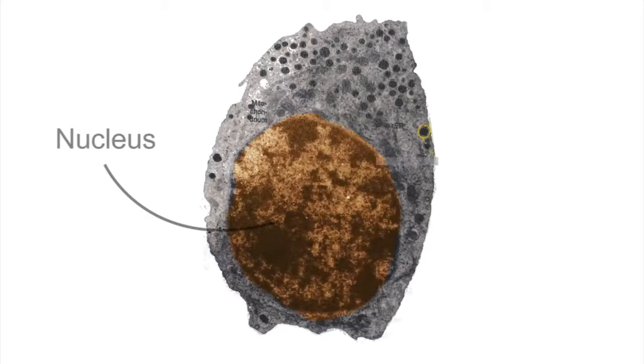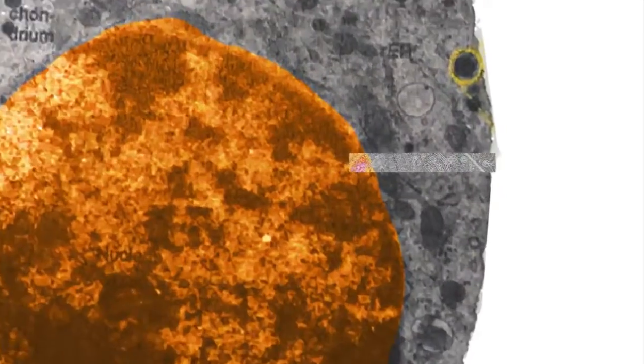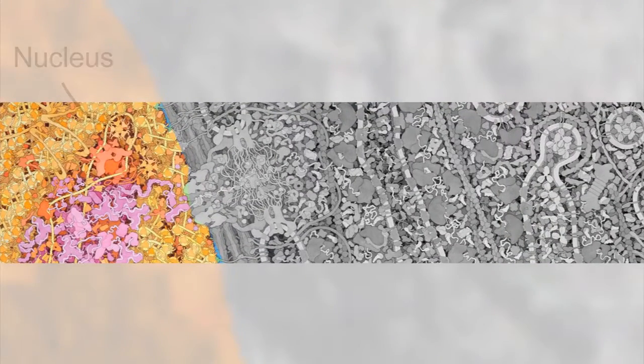Those cells, in their nucleus, are going to be transcribing the insulin gene, which is located on chromosome 11.